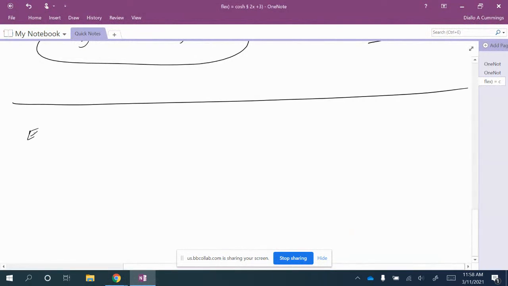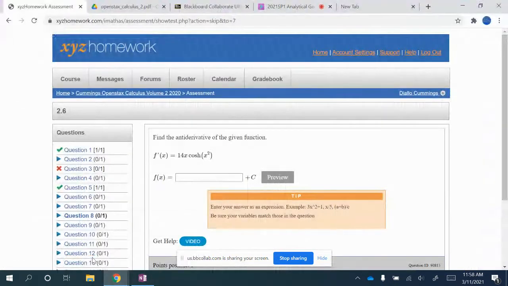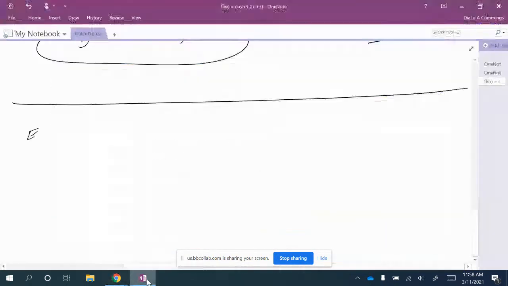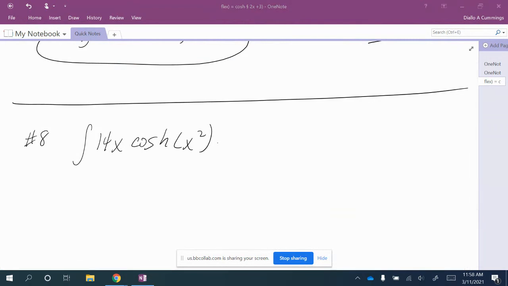So here we're asked to integrate, and this is number 8. We want to integrate 14x times the hyperbolic cosine of x squared dx.